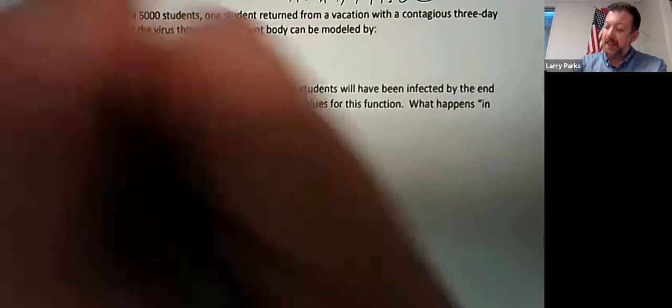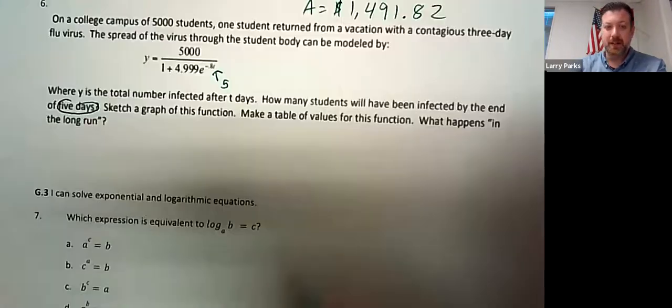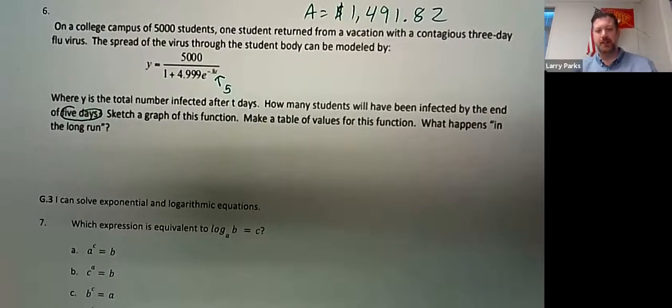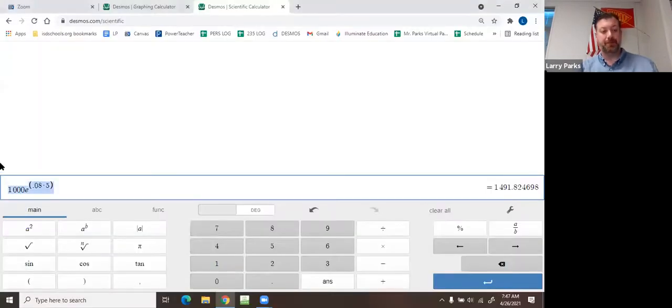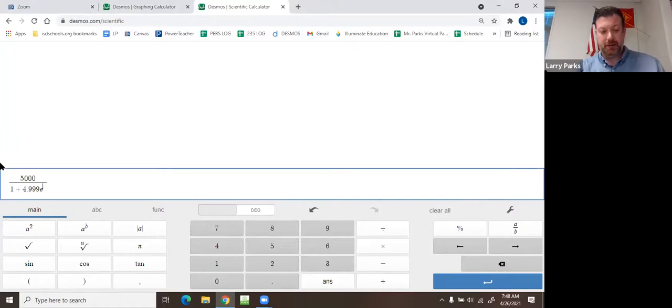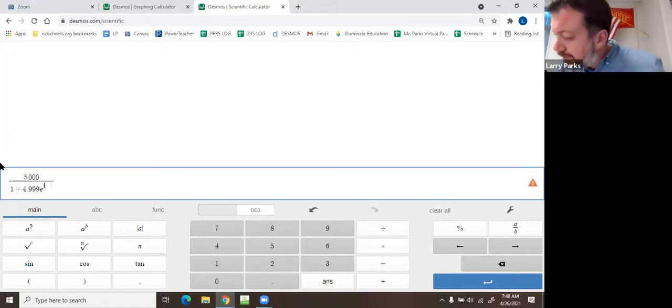So what happens after 5 days? All they're saying is plug 5 in for T, and then we just write down the answer. I'm going to plug this in the calculator, and it'll tell me. 5,000 divided by 1 plus 4.999, lowercase e, raised to the -3 times 5.